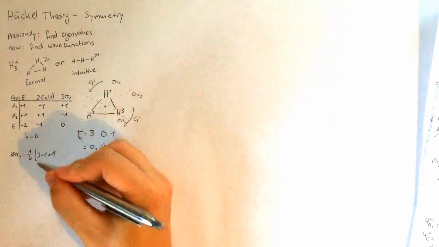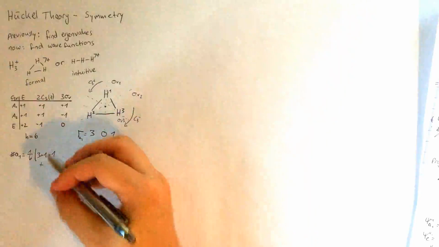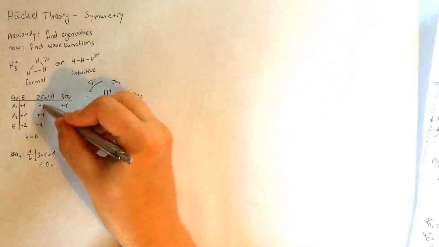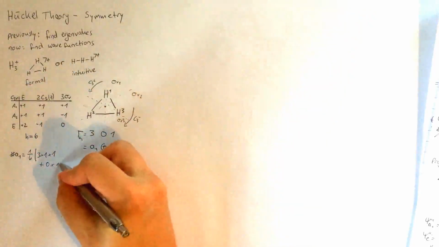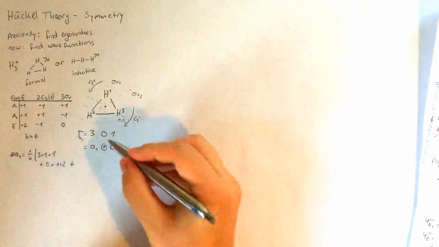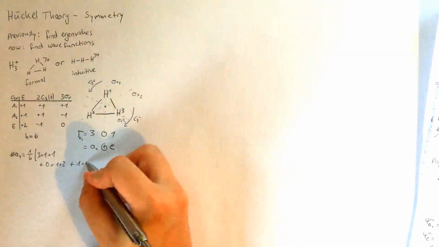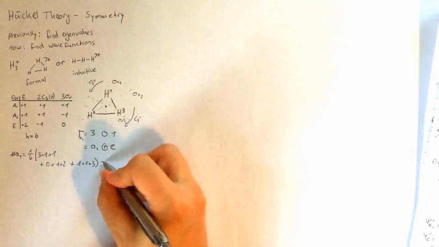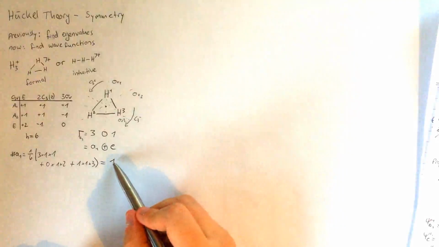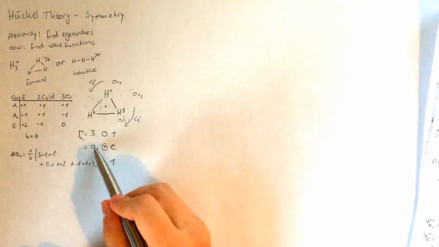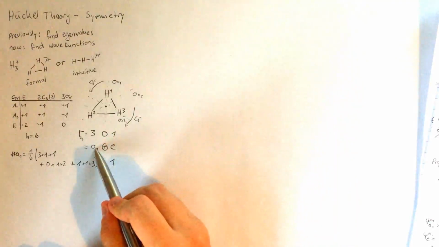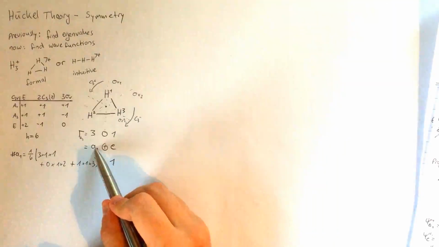And then we add 0 times 1 times 2. And we add 1 times 1 times 3, which comes out as 1. That means we have 1 time the irrep A1 in our representation, which is what we just showed by observation anyway.